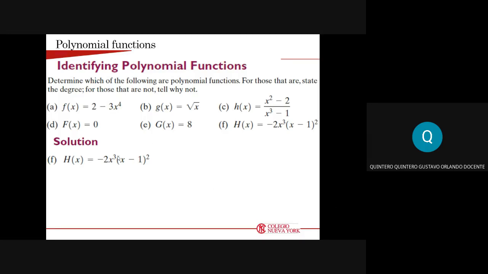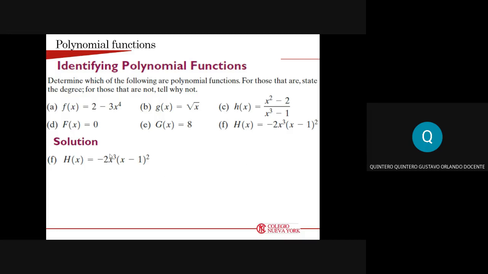All right, so I said at the beginning, polynomial functions have to be split by additions or subtractions, right? In this case, we have a function that is split with a division, so this is not a polynomial function. And in here we have one that is split by a multiplication. So the first impulse is to say that this is not a polynomial function, right?